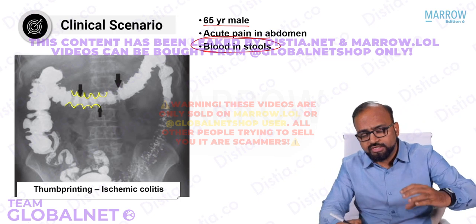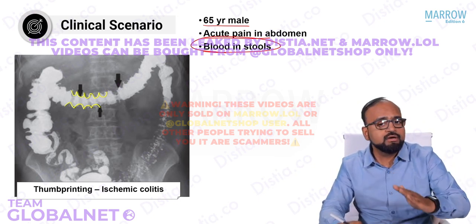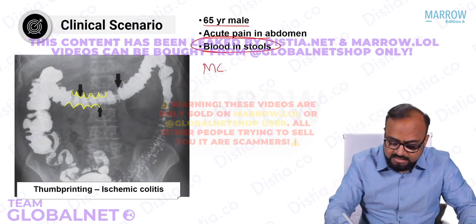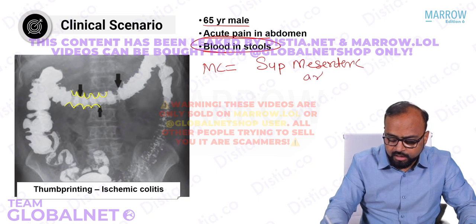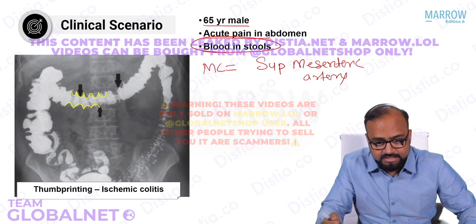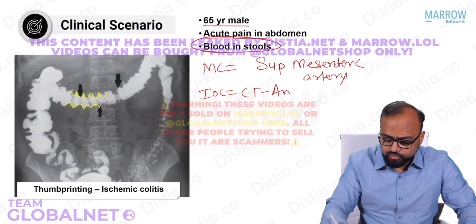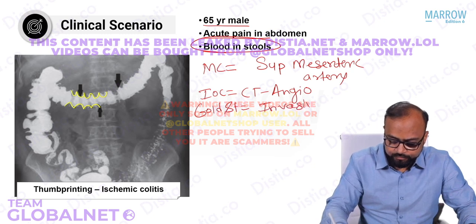Now, though this is involving the colon here, if you look at ischemic bowel disease, the most common vessel usually involved is the superior mesenteric artery. The investigation of choice is usually CT angiography, and the gold standard is invasive catheter angiography.